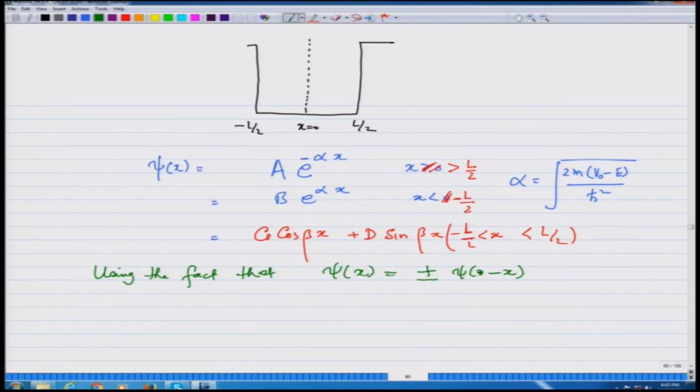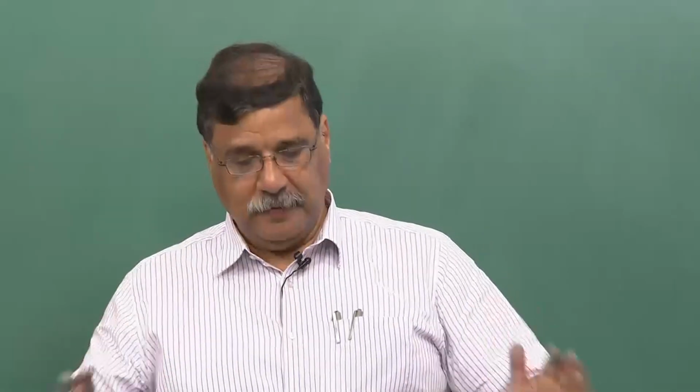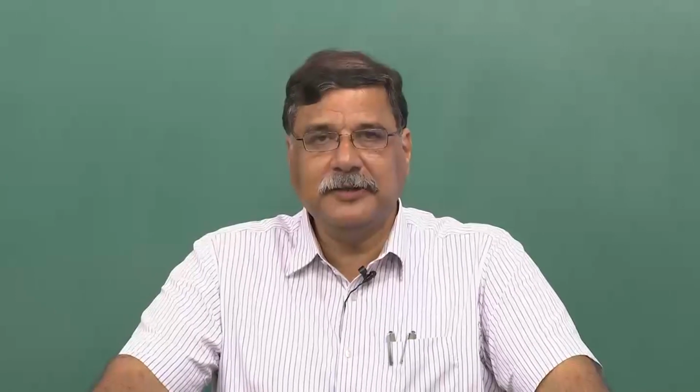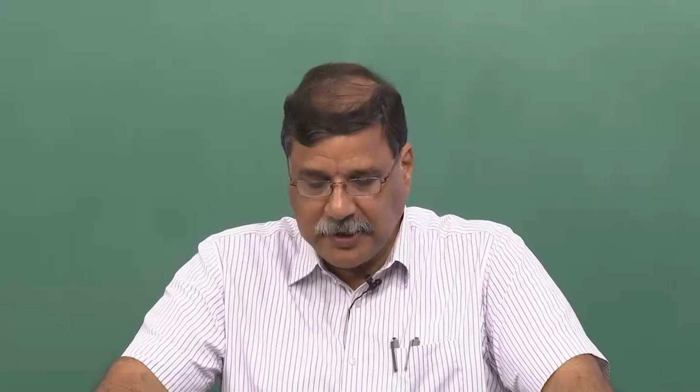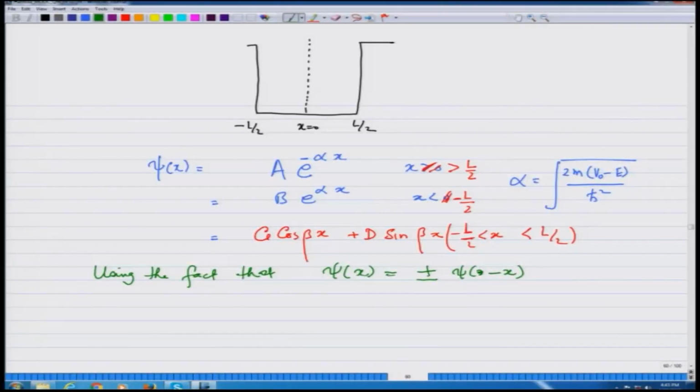I could do it, as I said earlier, by matching the boundaries, and I will get the same answer, but by shifting the potential in such a manner that the center lies at x equals 0 and the potential becomes symmetric, I can reduce some algebra, unnecessary mathematical steps. So, this immediately tells me that either A equals B or A equals minus B.